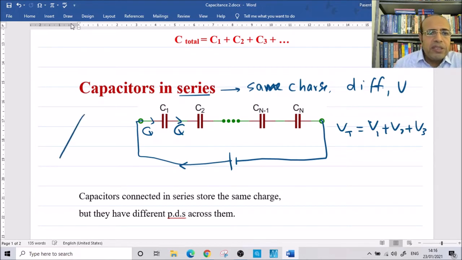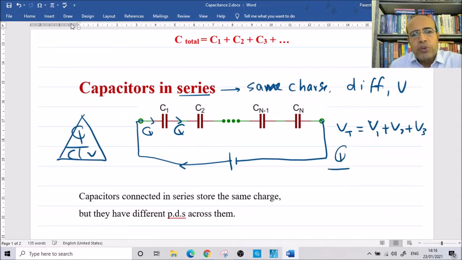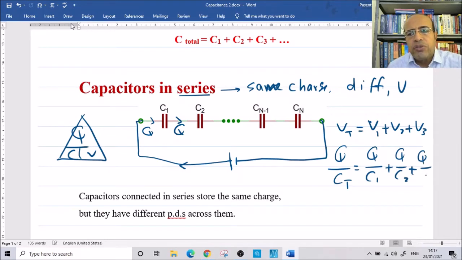What is the relation? Remember, Q equals C times V. So V total equals Q total over C total. It is the same charge, so we don't write Q total, we just write Q. V1 is Q over C1, V2 is Q over C2, V3 is Q over C3.